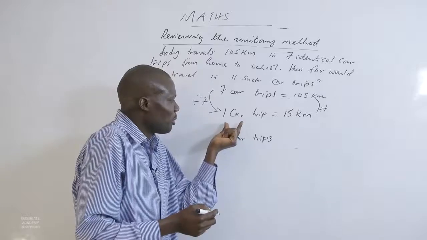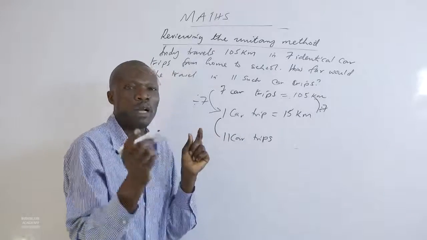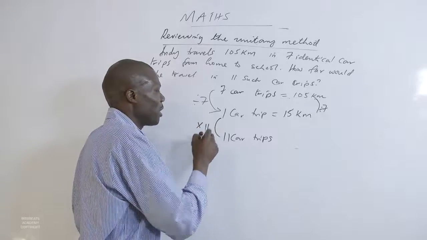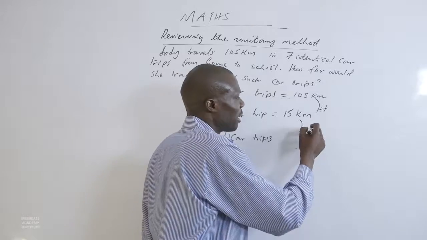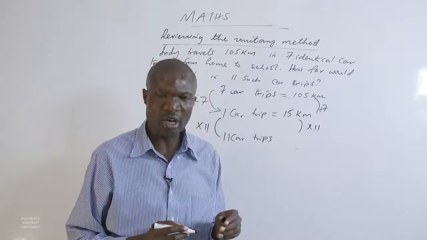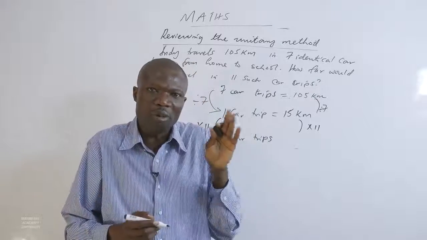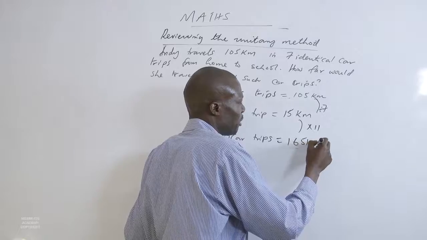How did you arrive at 11 from one car trip? It means you multiplied here by what? 11. Go to the distance also, multiply by 11, and you'll find that 15 multiplied by 11 is 165 kilometers.